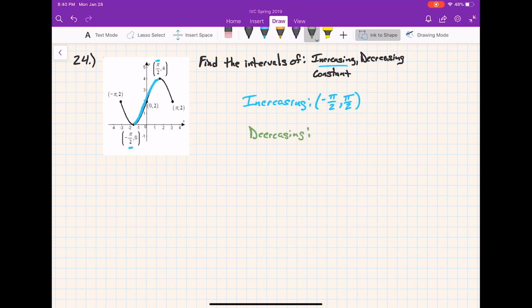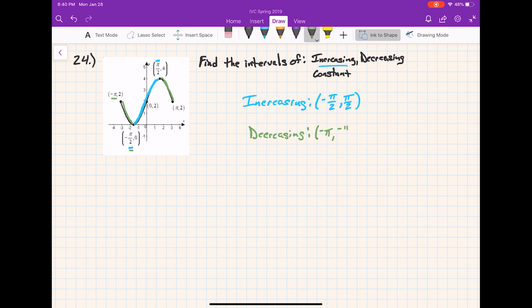And we can see we have two sections of this line that are decreasing as we read the line from left to right. So we have negative pi to, I'll write that over here so we don't forget. And then the end of this decreasing section is negative pi over 2, this part right here.